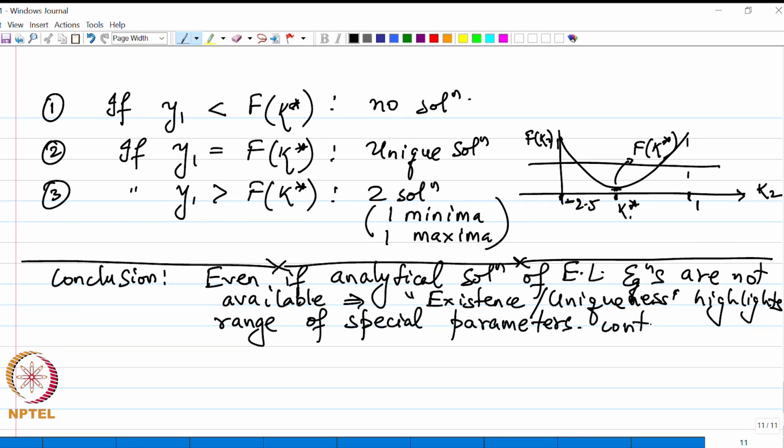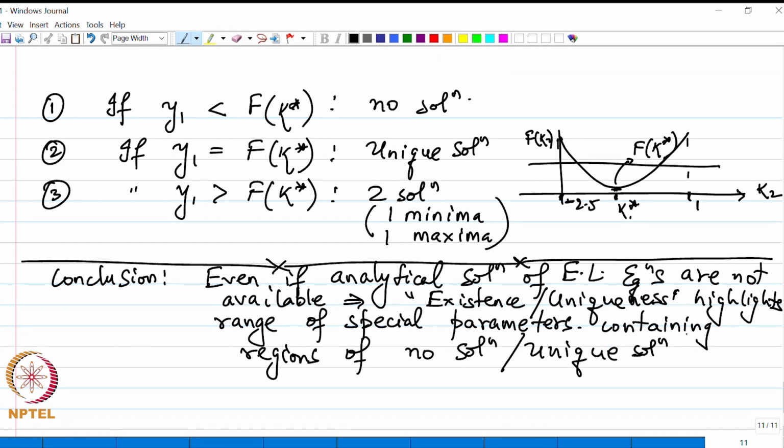containing regions of either no solutions or unique solution or infinitely many solutions. That is what we saw in the above example of the catenary.